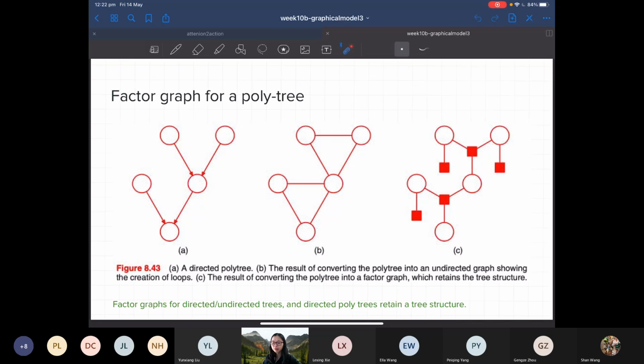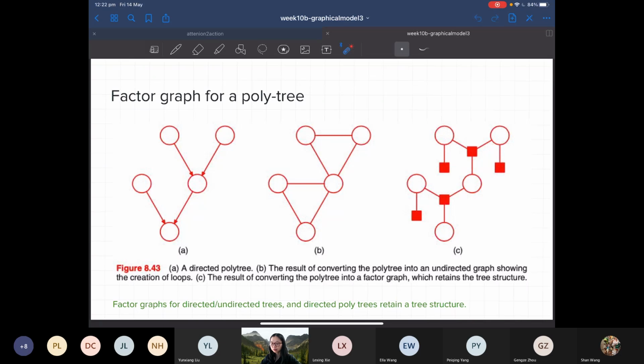For example, if we moralize this directed polytree by connecting the co-parents, we get this undirected graph. Then we can have factors for each of the cliques, and factors for variables that have priors.